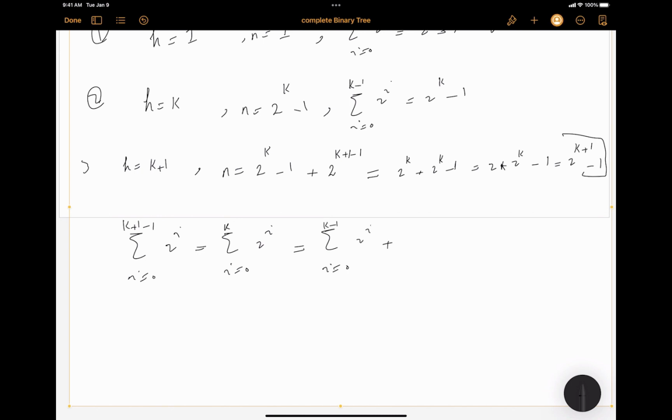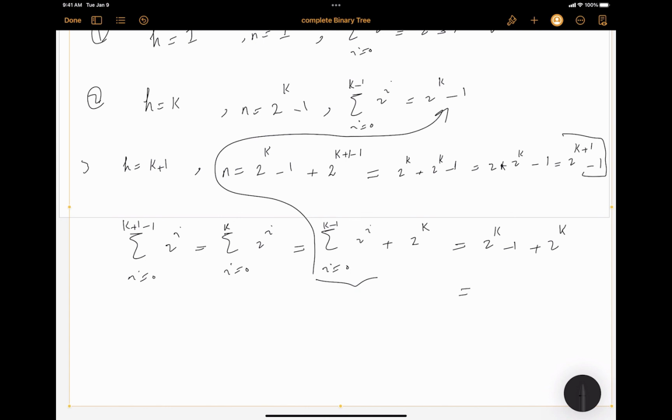So I'm just taking the expression when i is equal to k. When i is equal to k, I can write 2 to the power k for this case. So let's look at this one that I have here. Based on the induction hypothesis, this is equal to 2 to the power k minus 1. So I'm going to write 2 to the power k minus 1 plus 2 to the power k.